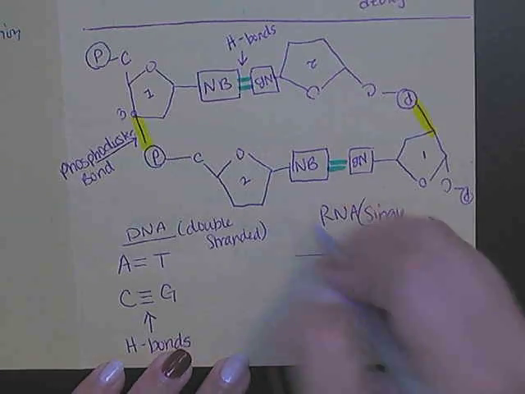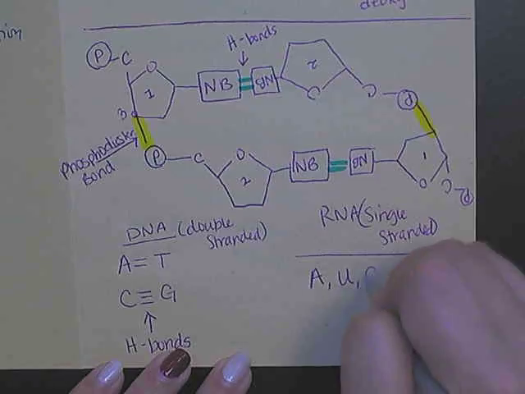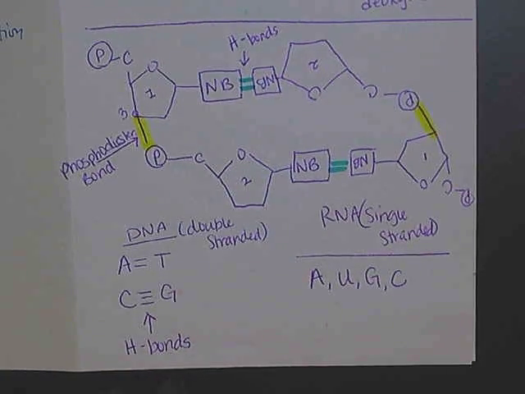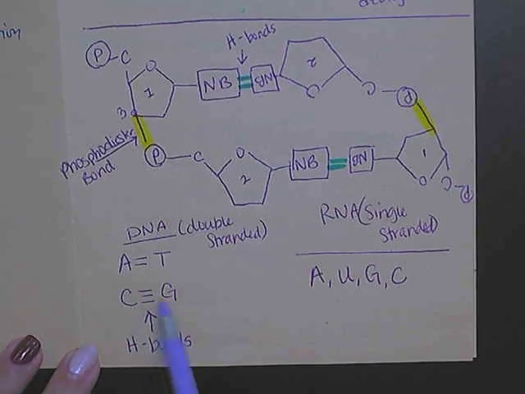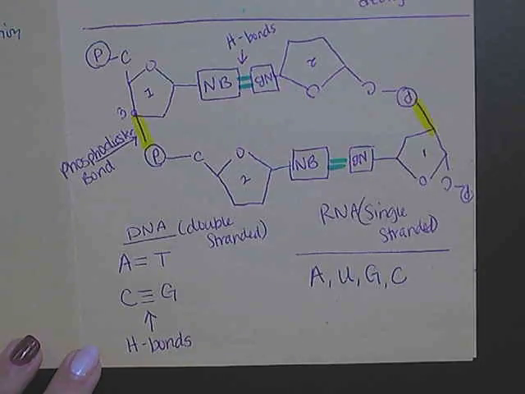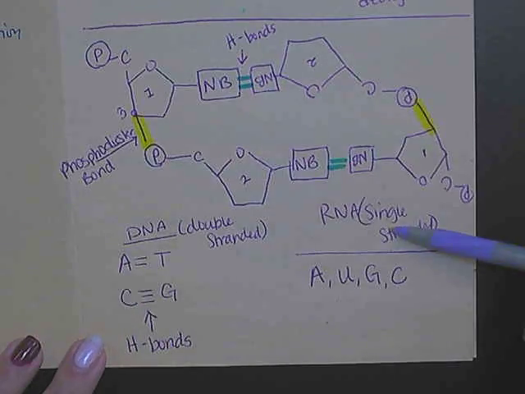So the nitrogenous bases in RNA are A, U, G, C. If we had to talk about the differences between DNA and RNA, DNA is double-stranded, RNA is single-stranded. The nitrogenous bases in DNA are A, T, G, C. In RNA, they're A, U, G, C. Another thing that I could comment on is that in DNA, the sugar is deoxyribose, and in RNA, the sugar is ribose.